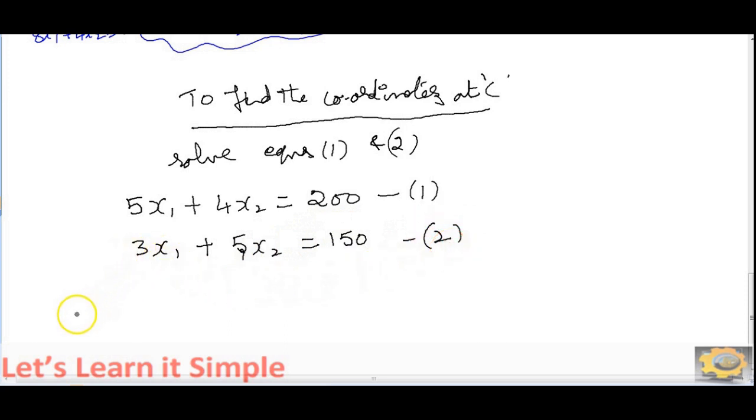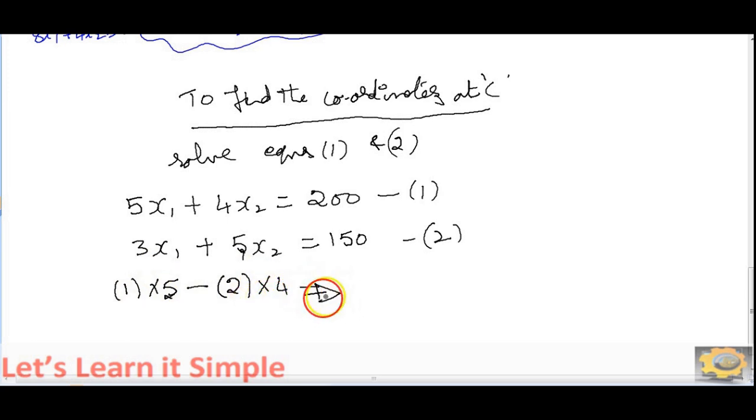Now to solve this, what I can do is multiply equation 1 with 5, then subtract equation 2 multiplied with 4.